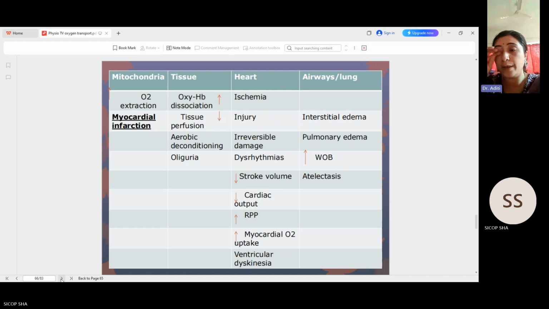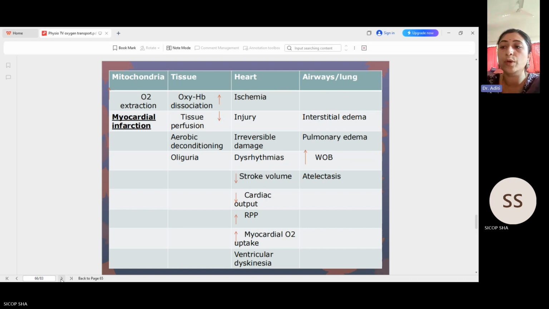Next, in case of MI, there is increased oxygen extraction that can be seen at the mitochondrial level. The oxygen hemoglobin dissociation is seen. Again, tissue perfusion will go down. Aerobic deconditioning will occur, and oliguria can be seen. There could be ischemia, or there could be irreversible damage to the heart muscles. Dysrhythmias can be there.